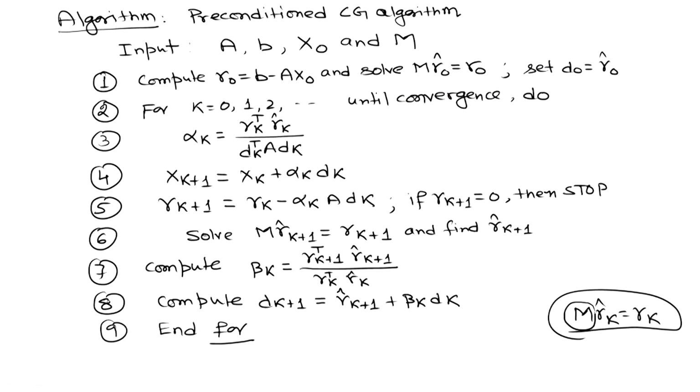So, to have a faster computation, we have to choose preconditioner M in such a way that this system can be solved easily. Otherwise there is no use of such a preconditioner, because in each iteration you have an extra system to solve. So, how to choose this M? Let us talk about it.